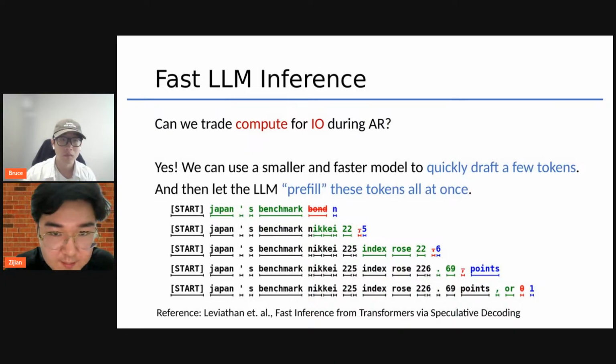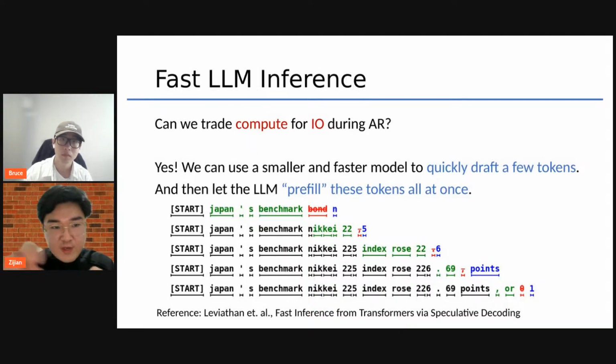Here I've prepared an illustration for you. This is the green part. The green part is the tokens that are successfully decoded by the target model. The red part is the rejected tokens that are drafted by the small model, but unfortunately not successfully decoded.